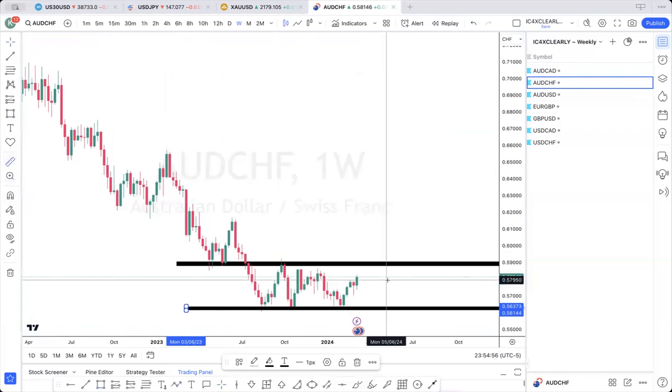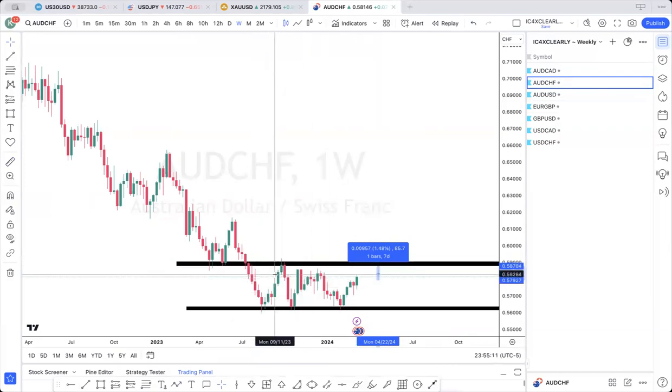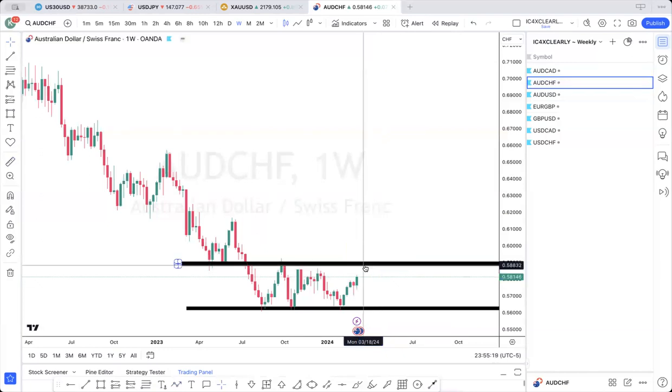If price pulls back into the order block at the break, you're looking at about 85 to 90 pips to the zone. There's an order block over here that price has tapped into the low of, but I would be looking for price to go at least up to this zone and then wait for price to show you what it wants to do.